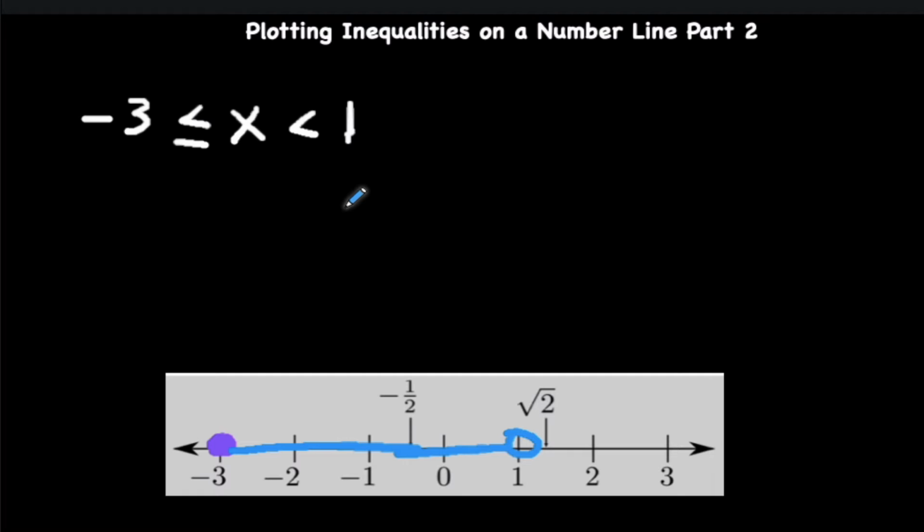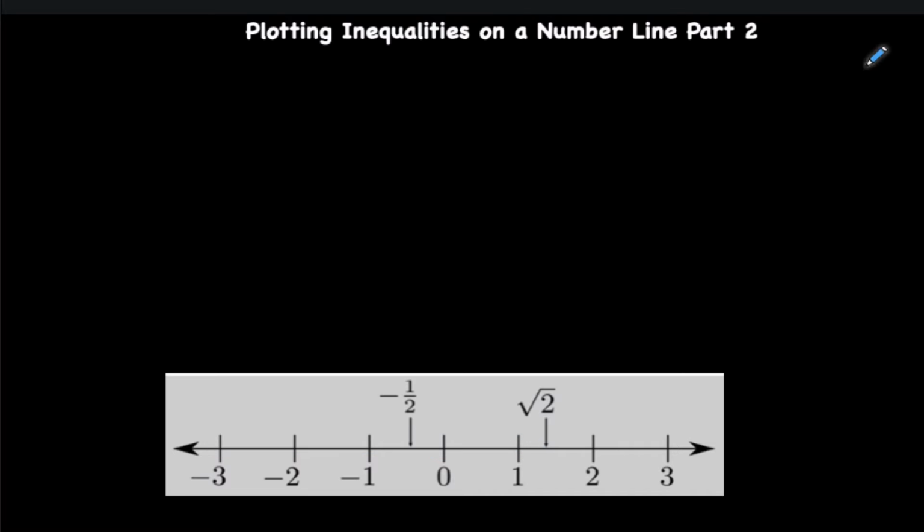So now that you know that, let's go over some examples. Let's say that you're given x is less than -1. So we're going to plot this point. We have -1 as an open circle.